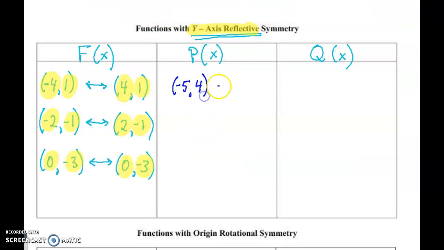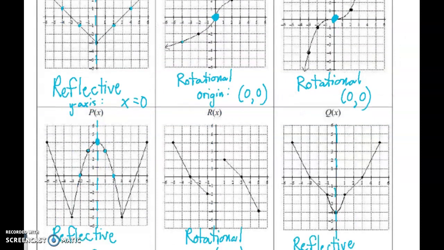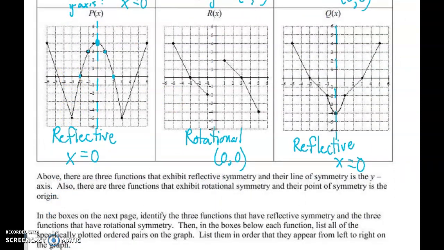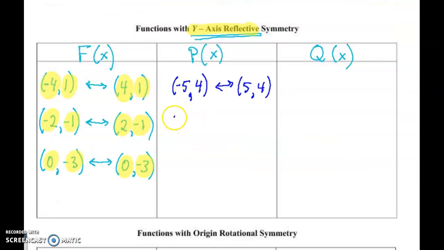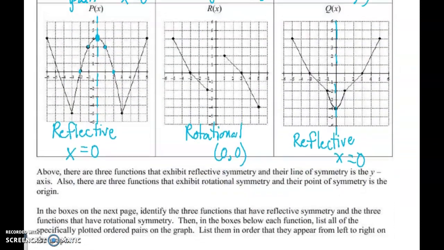And then the other point, negative 3, negative 5, maps with the reflection to 3, negative 5. There's just a few more.